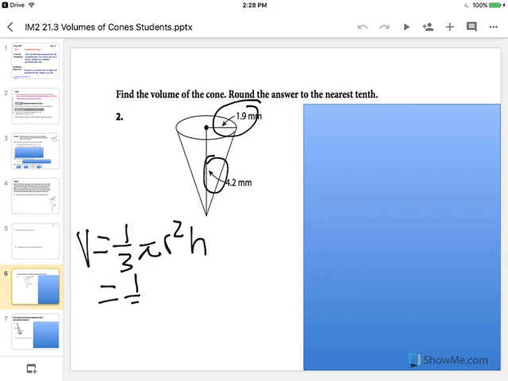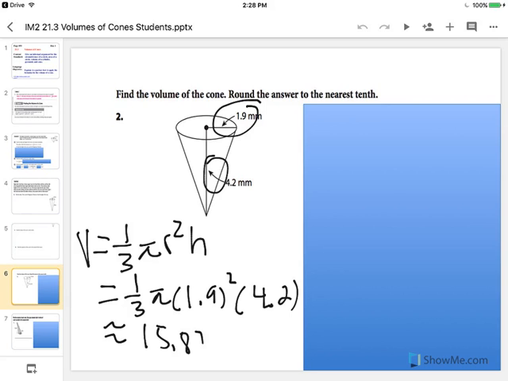So this gives us 1/3 pi times 1.9 squared times 4.2, and then from there just work this out. Right, so this is roughly 15.877, and this is in terms of millimeters cubed.